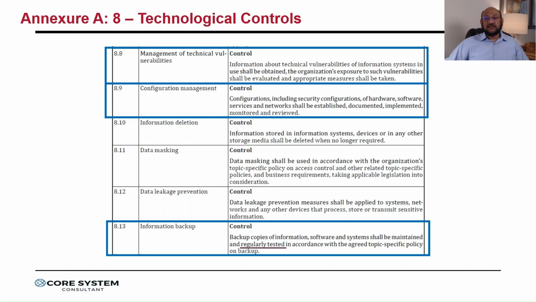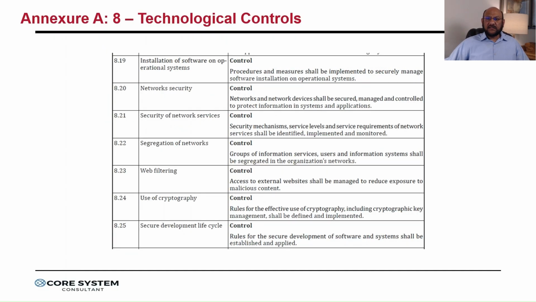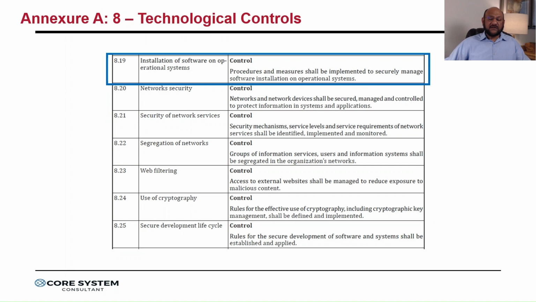Also, this backup needs regular testing. So retrieval of the backup needs to be a regular feature at the organization. Then, among others, this is one of the controls which goes in tandem with technical vulnerability management also. When you are running any patches or installing any new applications and software, how do you make sure that they are not impacting your current operational system?